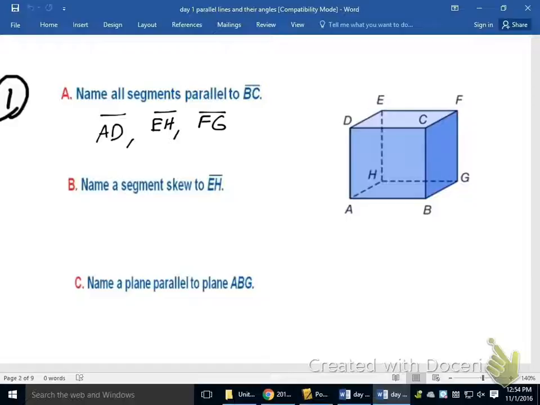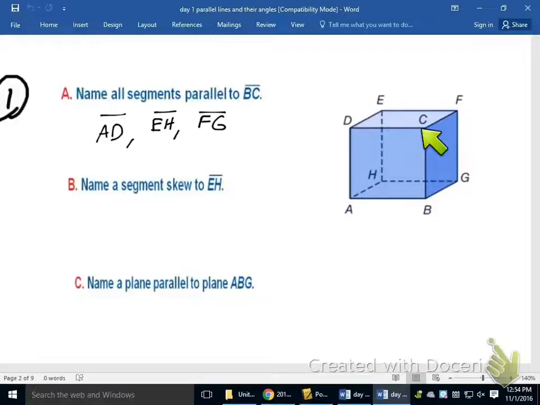Name a segment skew to segment EH. There's actually a lot of them that we can come up with. Anything that's not on the same plane as EH, not on a common plane. So a line that's not on a common plane as segment EH would be segment DC.